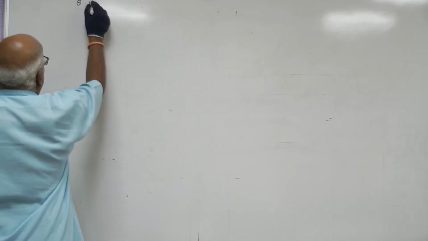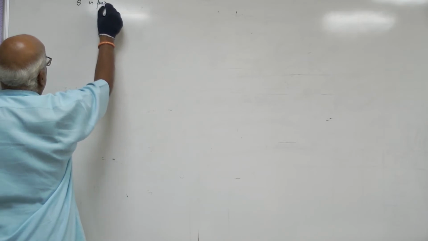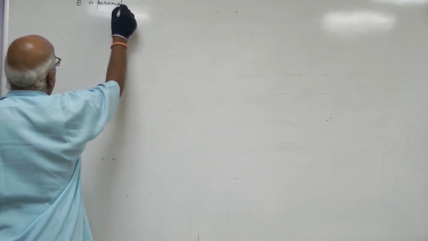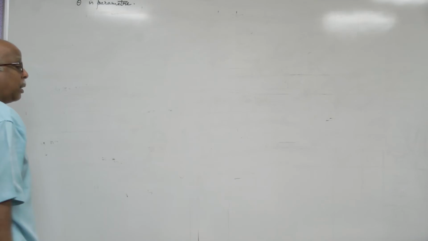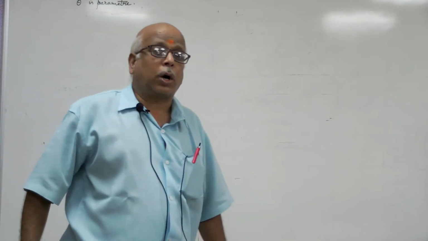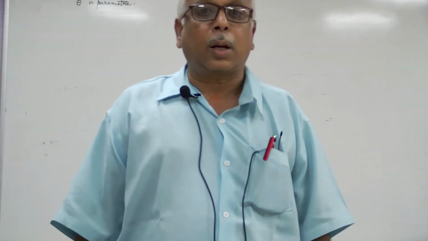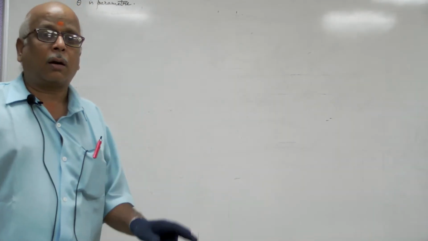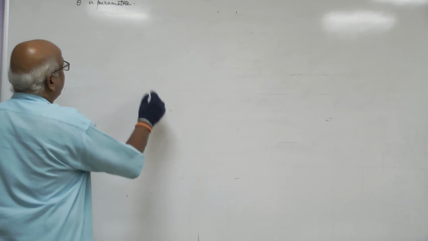Theta is the parameter. What is a parameter? It prevails in both x coordinate and y coordinate arbitrarily in any Cartesian equation. So what is the parametric equation of a circle?